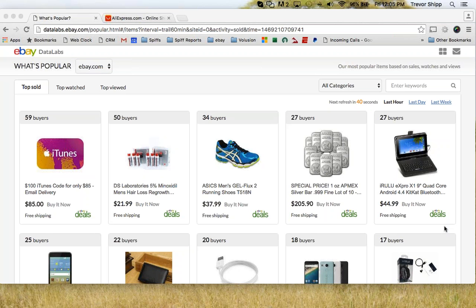Who here has used, actually, let me word it this way: eBay's Data Labs Popular tool. I have used it a bunch, I have heard of it but not used it, or I don't know what it is.